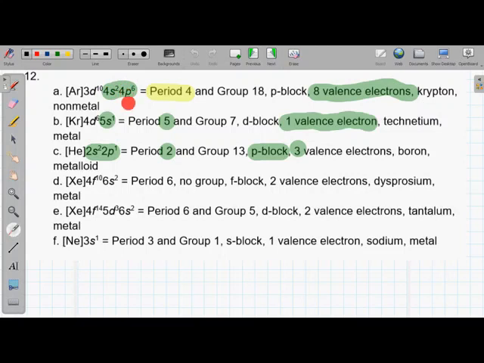There are 8 valence electrons, so that means it's in group 18. It has a p block, right, because it's in 4p6. It has 8 valence electrons because the s and p are your valence electrons. It's krypton and it's a non-metal.